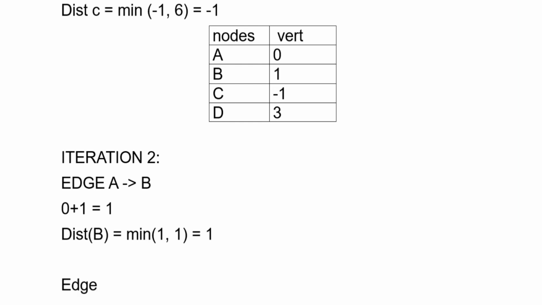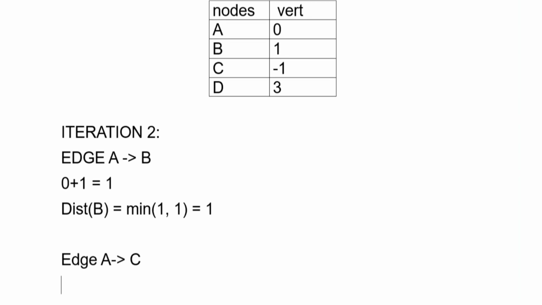Next edge is A to C. The current distance to C is minus 1. So the distance of 0 plus C is equal to minus 1, right? The updated distance of A to C is 4, right?